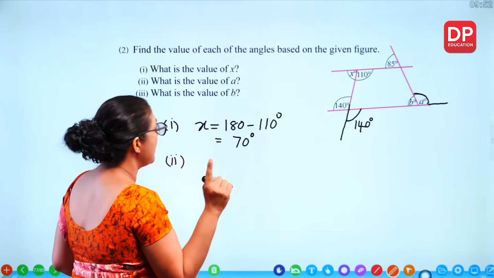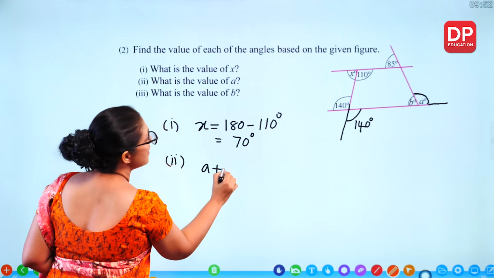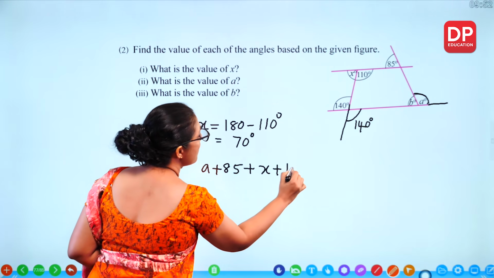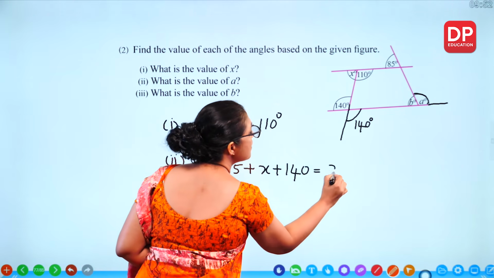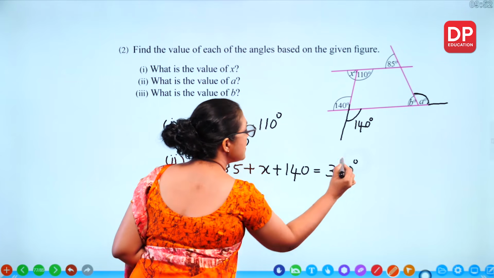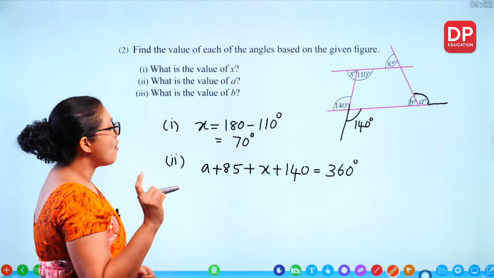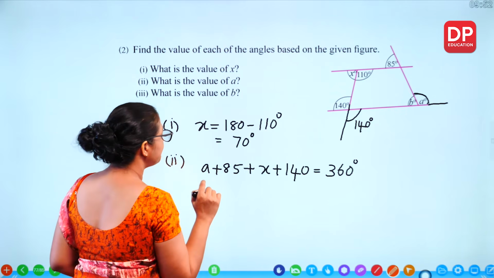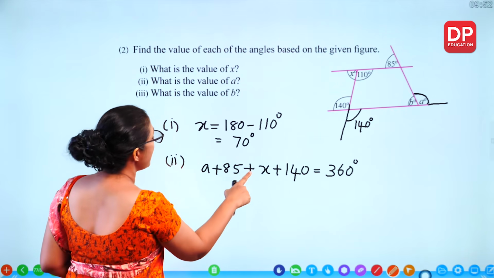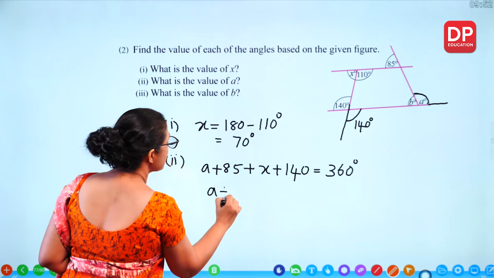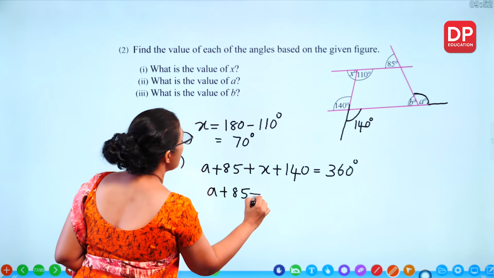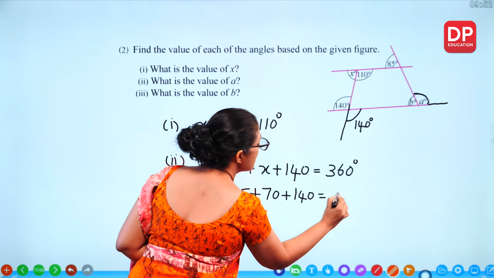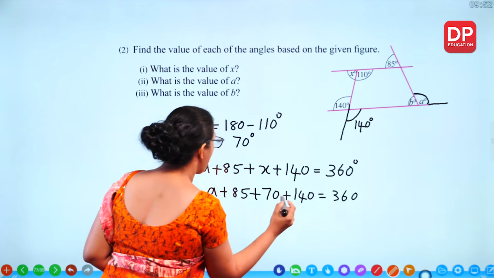So, A plus 85 plus x plus 140, you get 360. What's the reason? Sum of exterior angles add up to 360. We found x. So, A plus 85 plus 70 plus 140 equals 360.